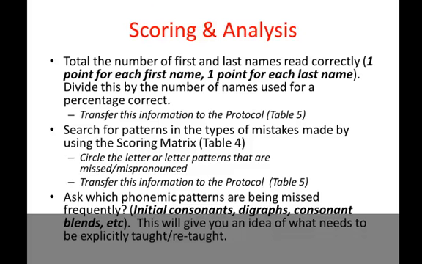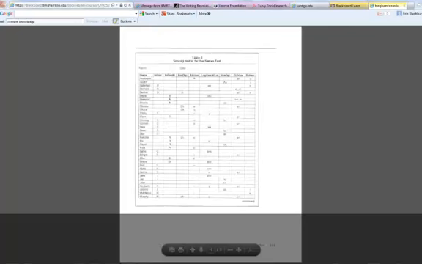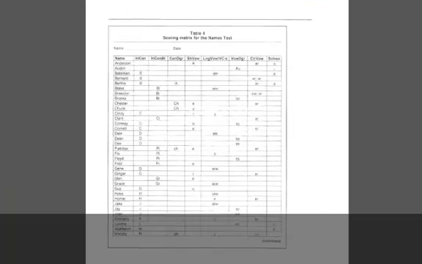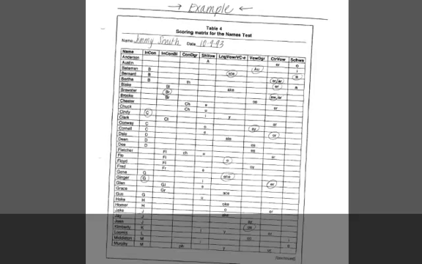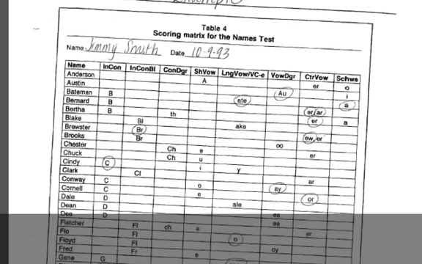Then you're going to transfer this information to the protocol sheet, which is table 5. So let's take a look at that. So here is the scoring matrix. And I'll show you Jimmy's scoring matrix. So Jimmy's scoring matrix, I circled all of the letter or letter patterns, groups of letters, in which Jimmy either read incorrectly or missed.